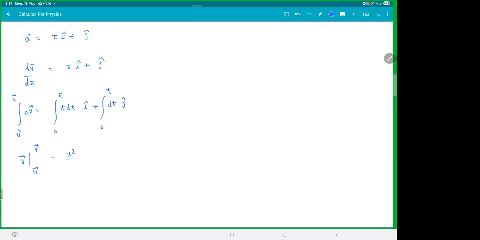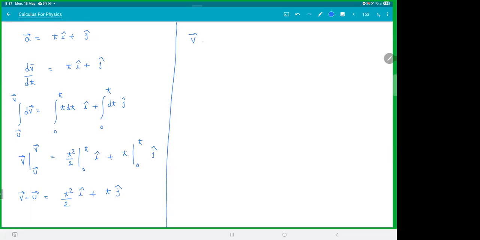This would be t square by 2, 0 to t, i cap. This is t, 0 to t, j cap. This will be v bar minus u bar is equal to t square by 2 i cap plus t j cap. Then you get v bar is equal to u bar, and what is u bar?